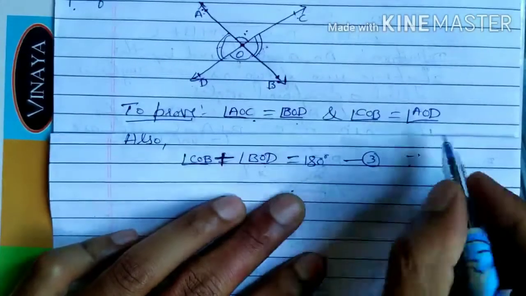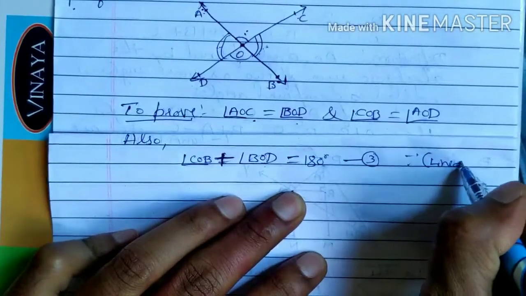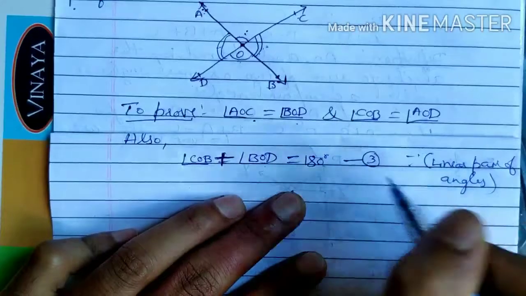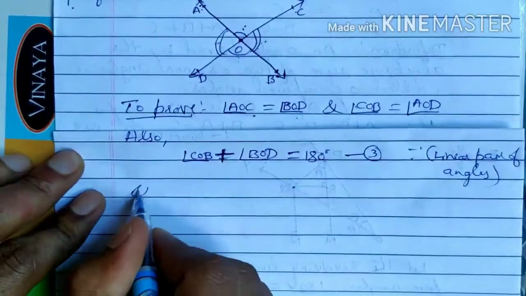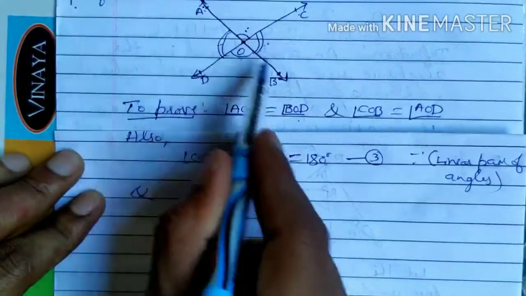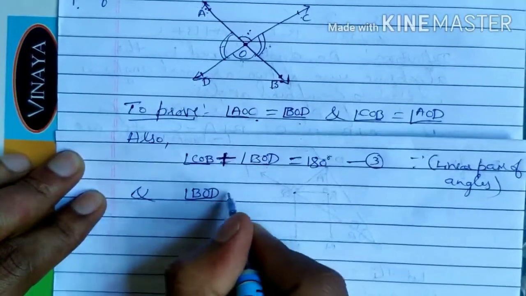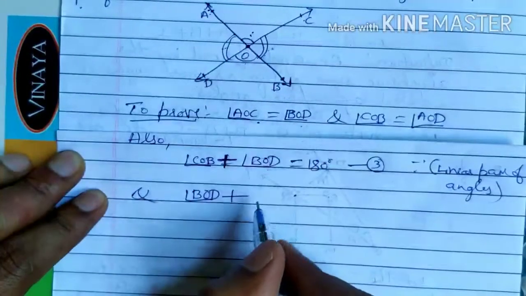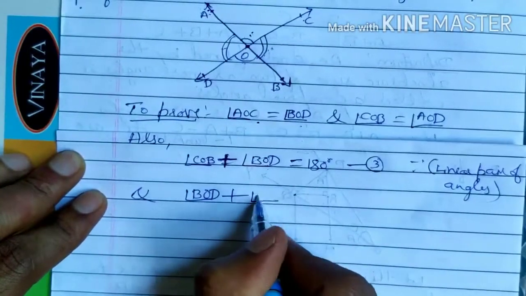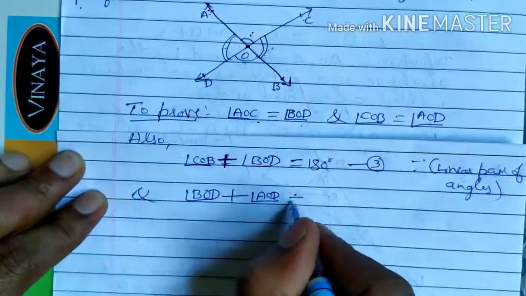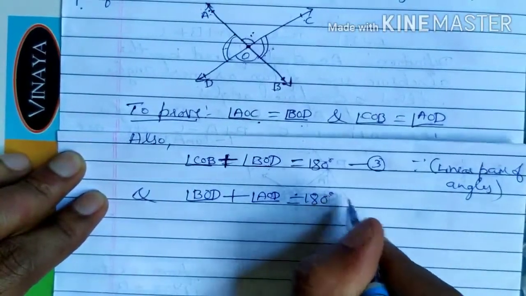The reason is linear pair of angles. Next I will consider AB, so angle BOD plus angle AOD, these two adjacent angles, a linear pair of angles, sum is equal to 180 degrees.